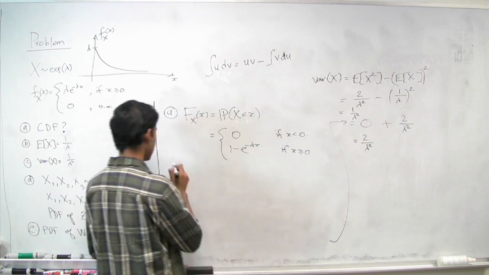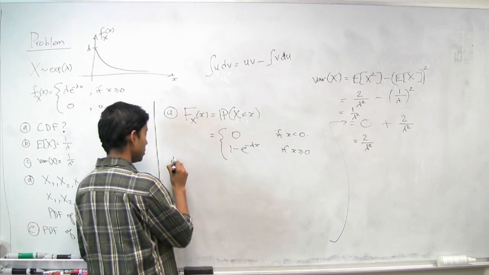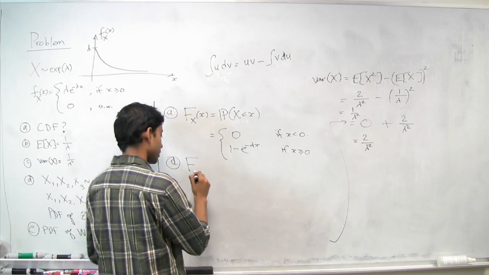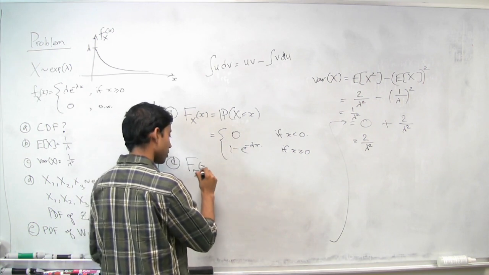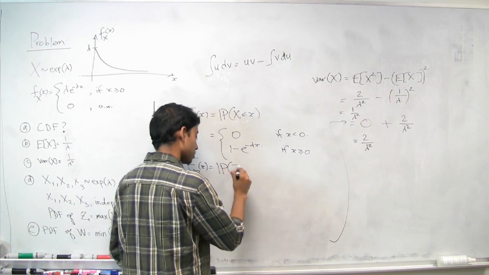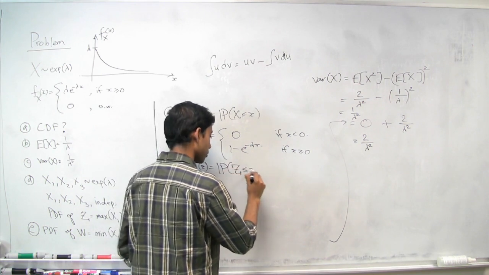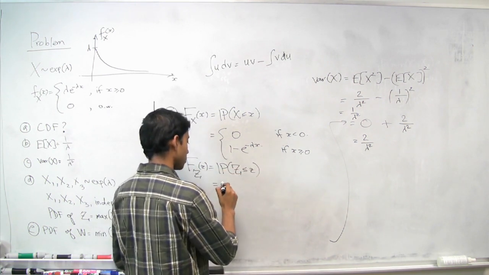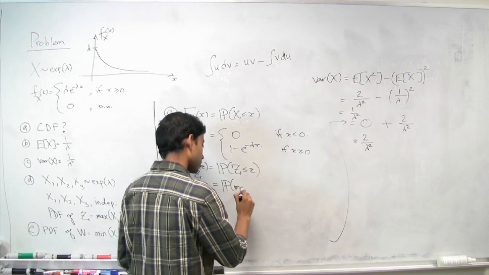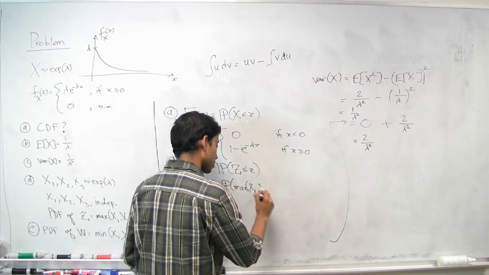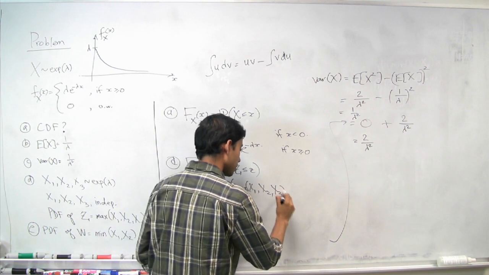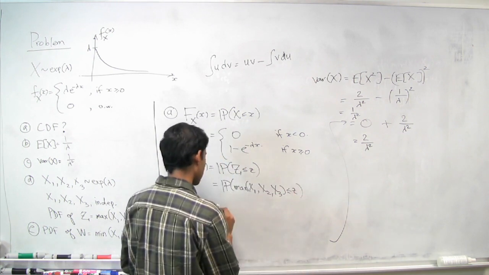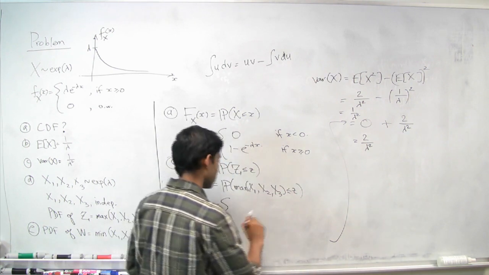So first, part D, find the CDF of z, which is going to be the probability that z is less than or equal to little z, which is going to be equal to the probability that the max of x1, x2, x3 is less than or equal to z. And this is going to have the same sort of structure as before.